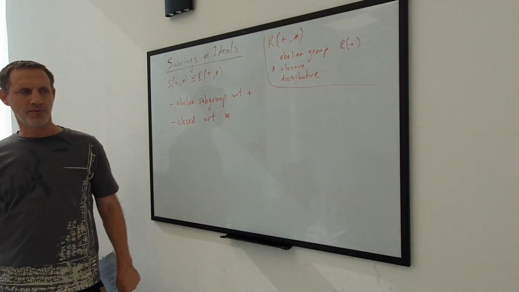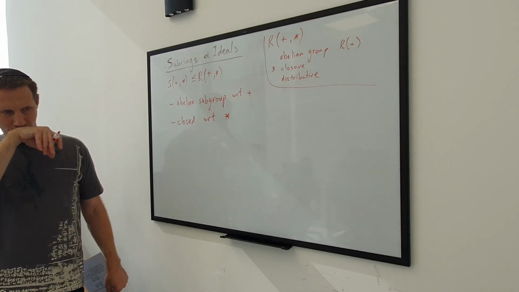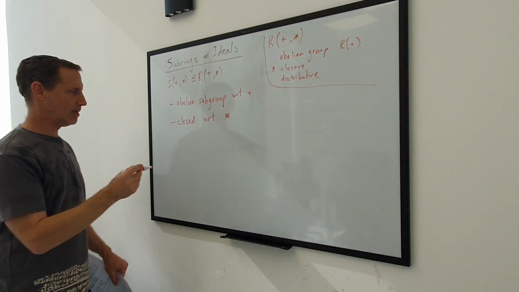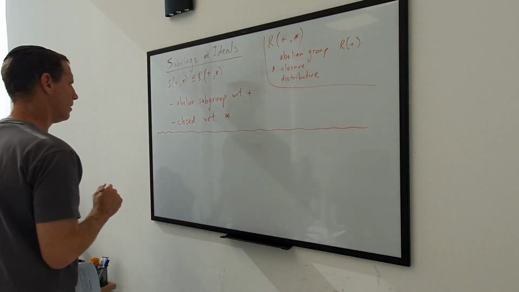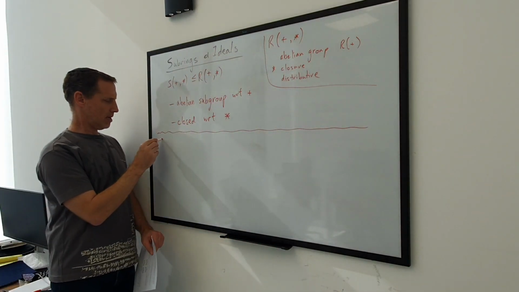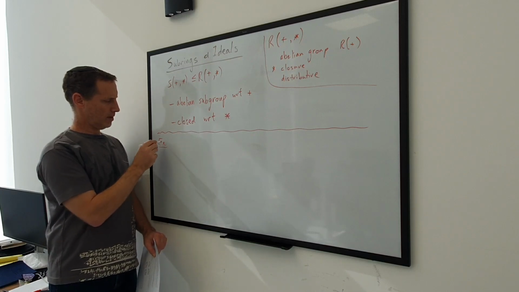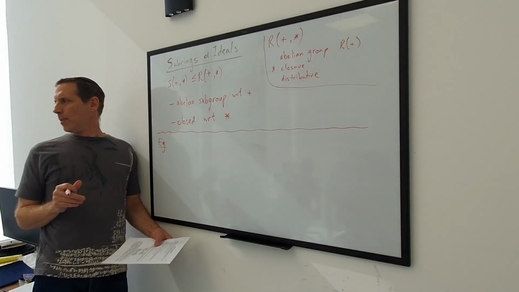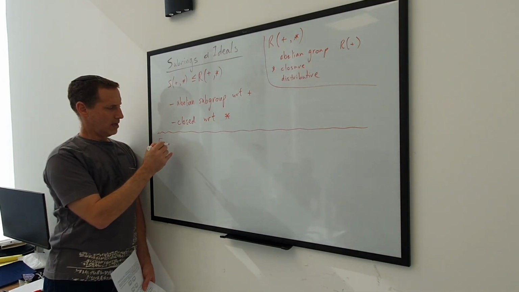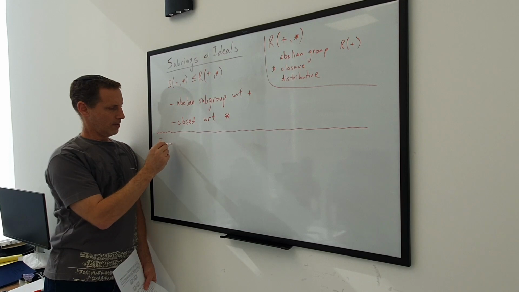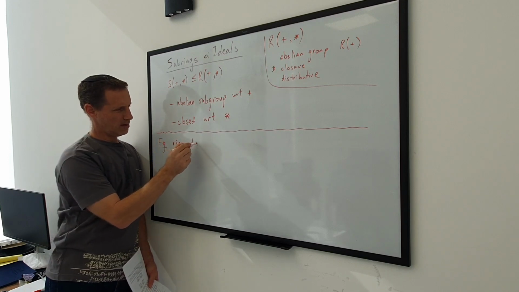But let's take an example just to show what you're allowed to do and what you're not allowed to do. Let's say that we had a ring with identity.